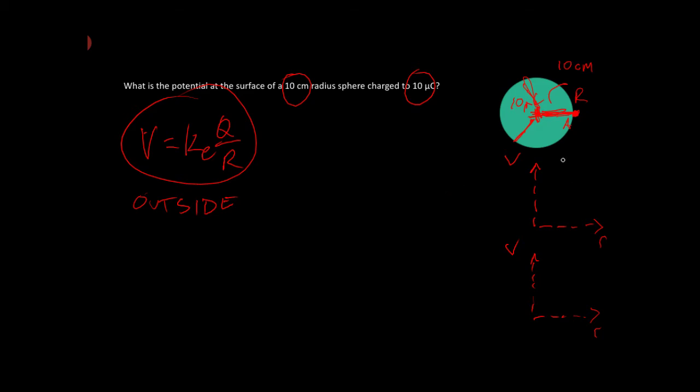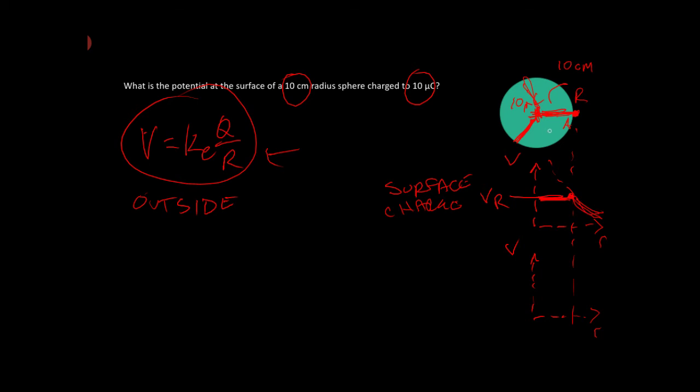So for example, if I were to measure the potential here on the inside of a uniformly charged surface, then on the inside the potential is constant, and the drop-off is just this 1 over r dependence over here.